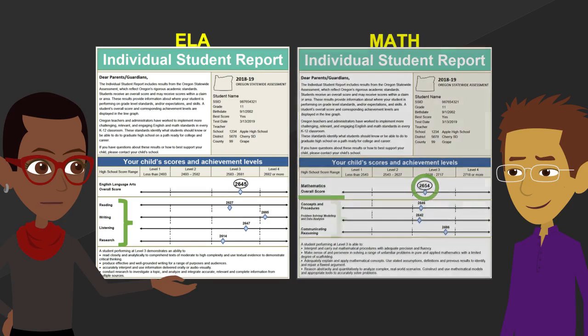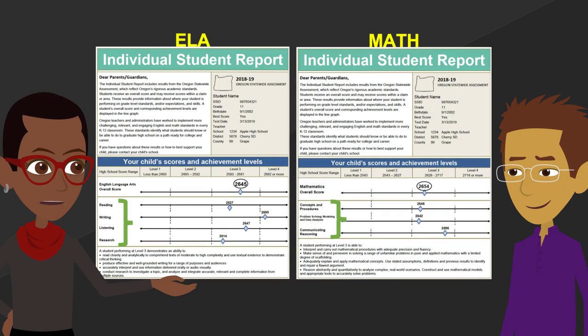For mathematics, the 3 subscores are math concepts and procedures, problem solving and modeling and data analysis, and communicating reasoning. If you ever see one of the lines without a score, it means she didn't complete enough assessment items for the state to make a claim about her performance level in that particular subscore area.